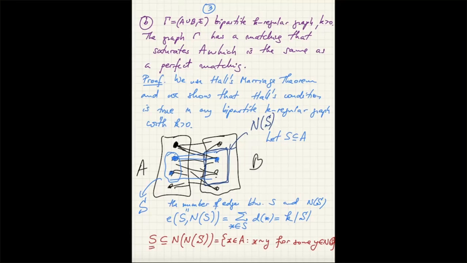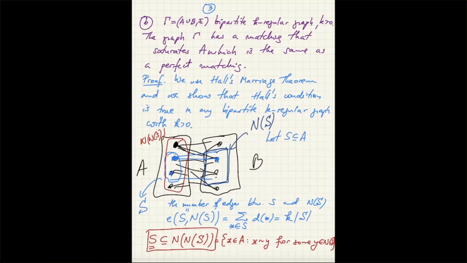And clearly every vertex in S has this property because every vertex in S is adjacent to some vertex in the neighborhood of S. So that gives us this inclusion. So in the picture here, the neighborhood of the neighborhood of S is something on the left-hand side that contains the set S.